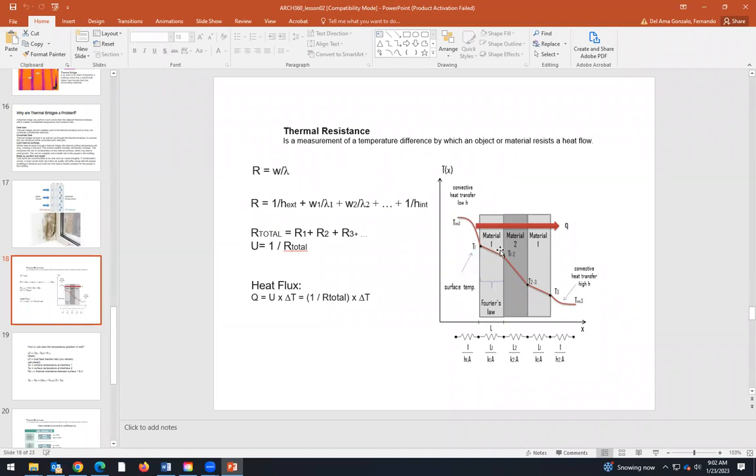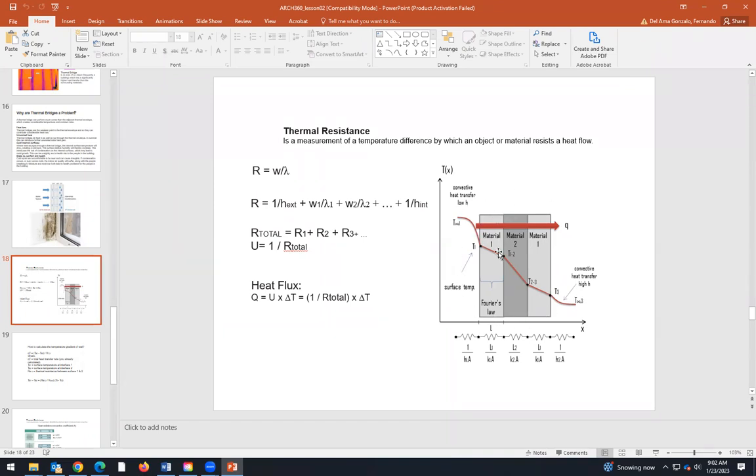And then at these interfaces, we have 3 different materials, so we have to be able to know the temperature at these points. By knowing the temperature at these points, we can understand if there's a risk for condensation. This is what we are going to do today.